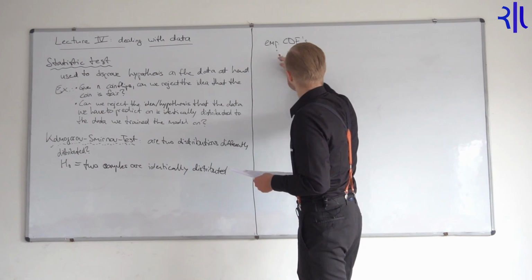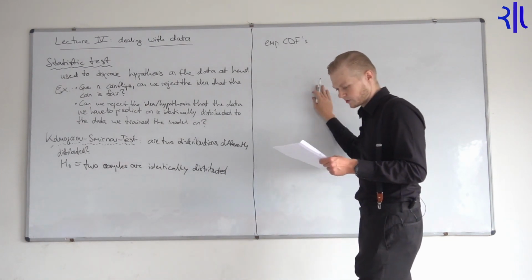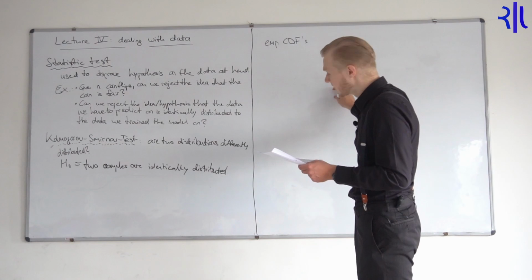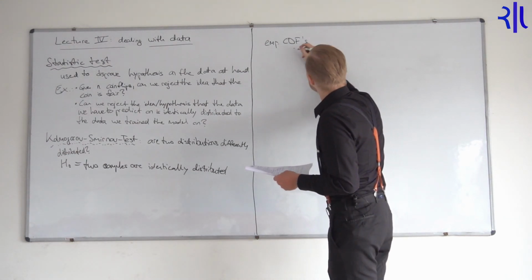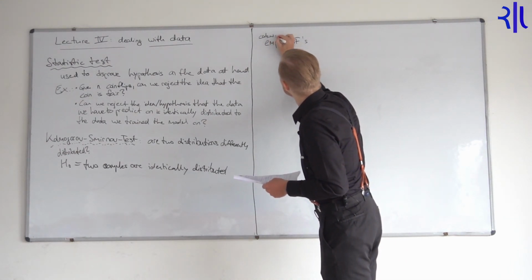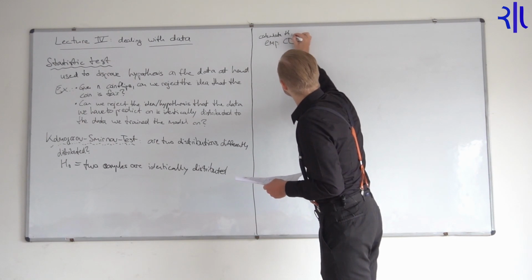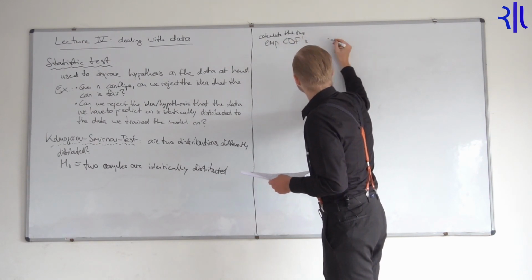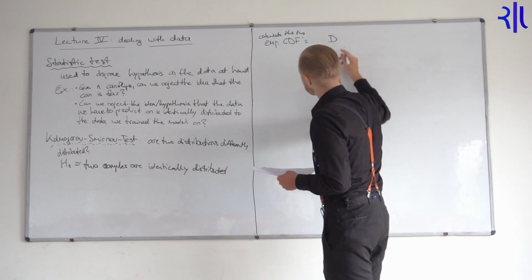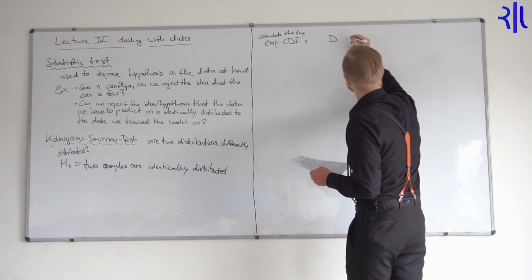Or better, the two empirical cumulative distribution functions that we have. And then we calculate a distance of the two.